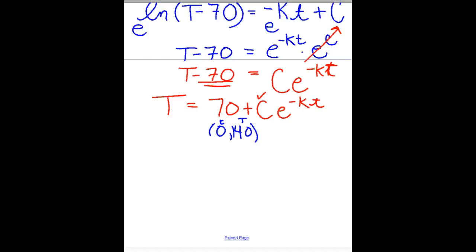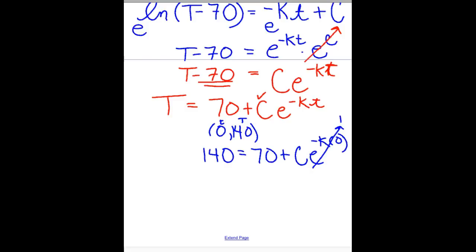So what I know is 140 is 70 plus C e to the negative k times 0. And e to the 0 is just 1.